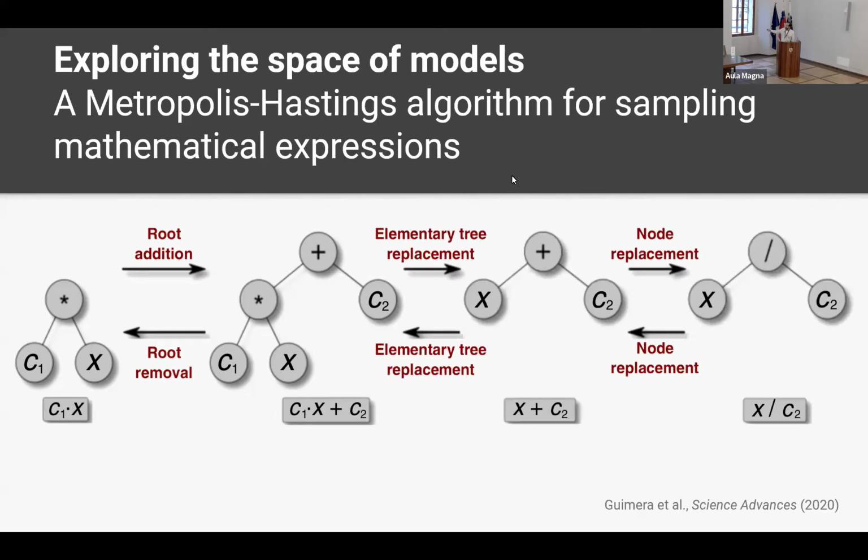We can do other types of moves. For instance, we can replace all of this branch here with something like X, or we can replace the plus operation here by a divided by operation and so on. There are two key ideas here. One is that we can represent expressions like these trees. The other is that we can change from one expression to another by designing a reasonable set of moves like the ones I've proposed here.